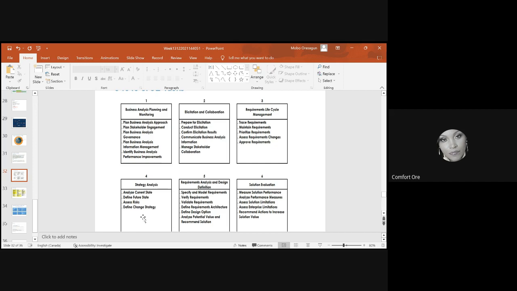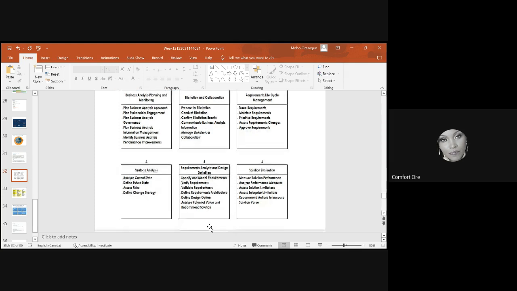Define the change strategy, right? Because we're in one phase right now, we're in the current state, and then we're going into the future state. So what's the gap? How do we define how we're moving from A to B? Okay. The requirement analysis and design definition.